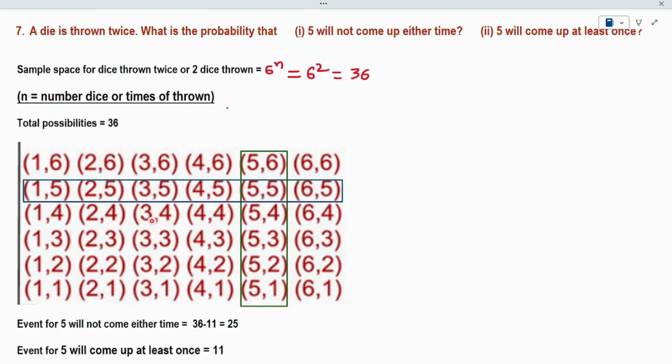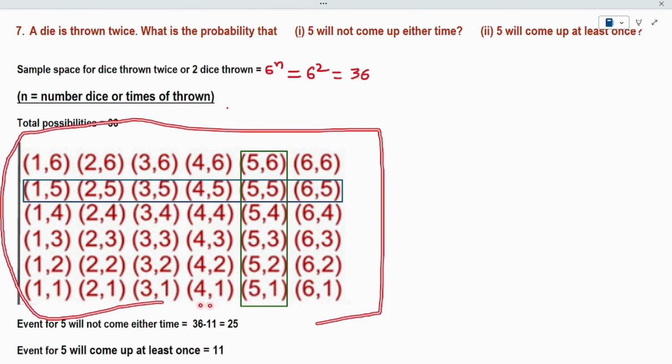I got the sample space or total possibilities now. Then we need to find the probability that 5 will not come up either time and the probability that 5 will come up at least once. First of all, we need to find the event that 5 will not come up either time. See, observe this pattern. Every possibility has 2 numbers.